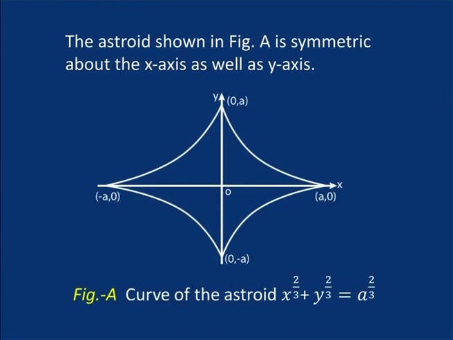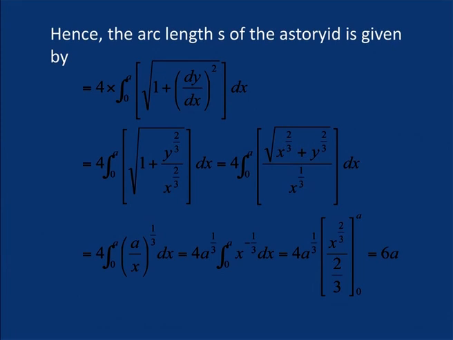The astroid shown in the figure is symmetrical about the x axis as well as the y axis. Therefore, we find the arc length in one quadrant and multiply by 4 to find the whole length. Hence, the arc length s of the astroid is given by 4 times the integral from 0 to a of root of 1 plus (dy by dx) whole square with respect to x.